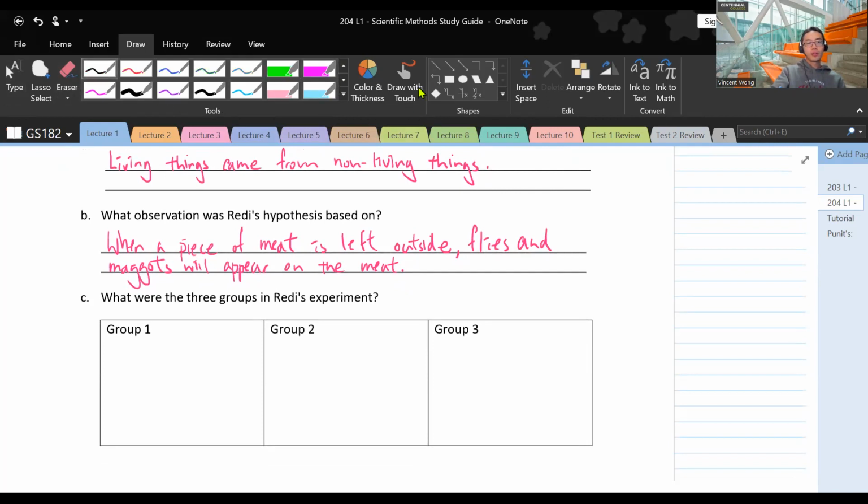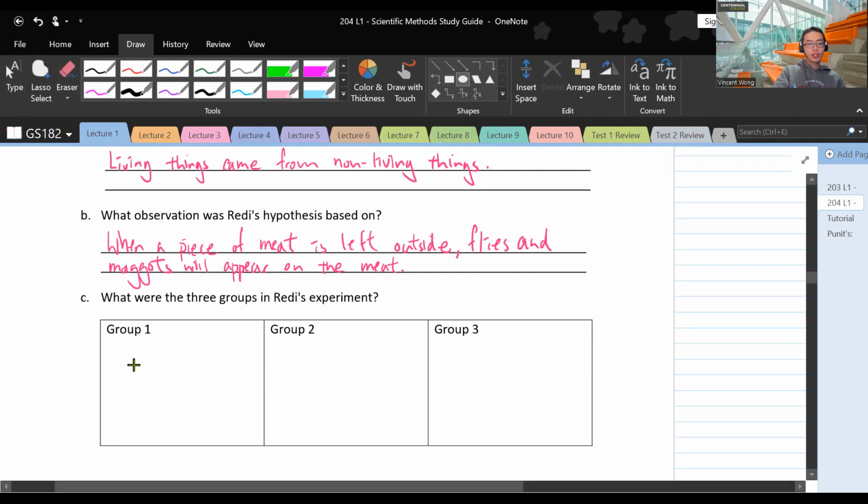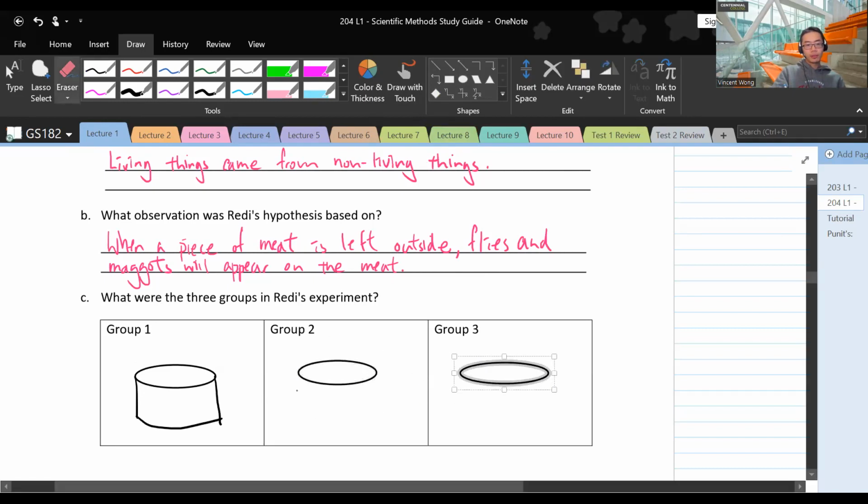Okay, so he of course had 3 jars. 1st jar, 2nd jar, 3rd jar. He put meat in all of them.